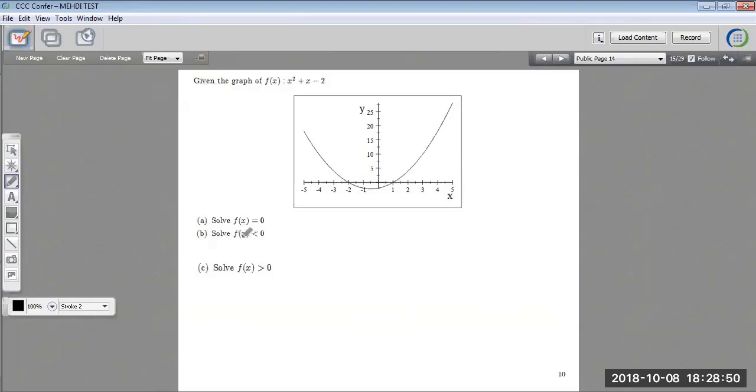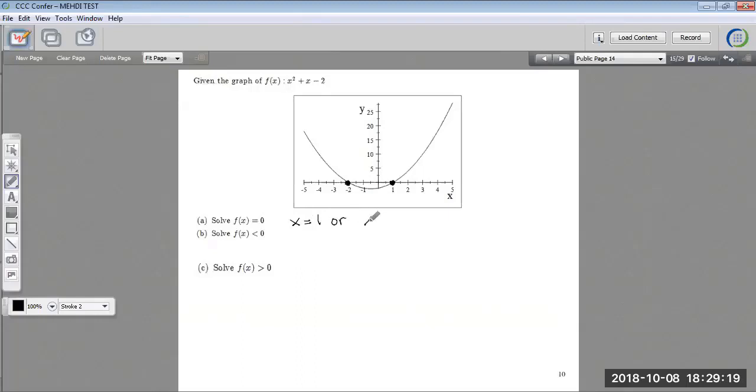It looks to me that this graph intercepts at x equal to 1, and also at x equal to -2. So if I want to solve f of x equal to 0, I get two solutions: x is equal to 1 or x is equal to -2.